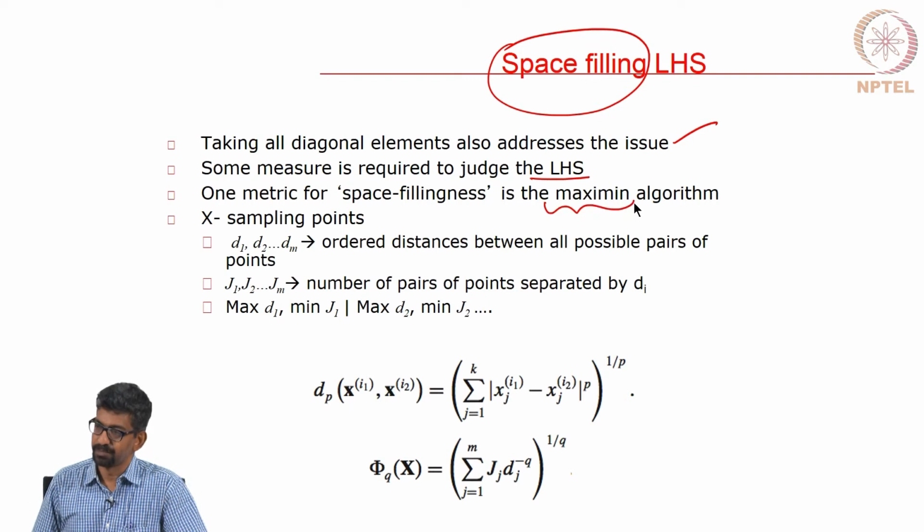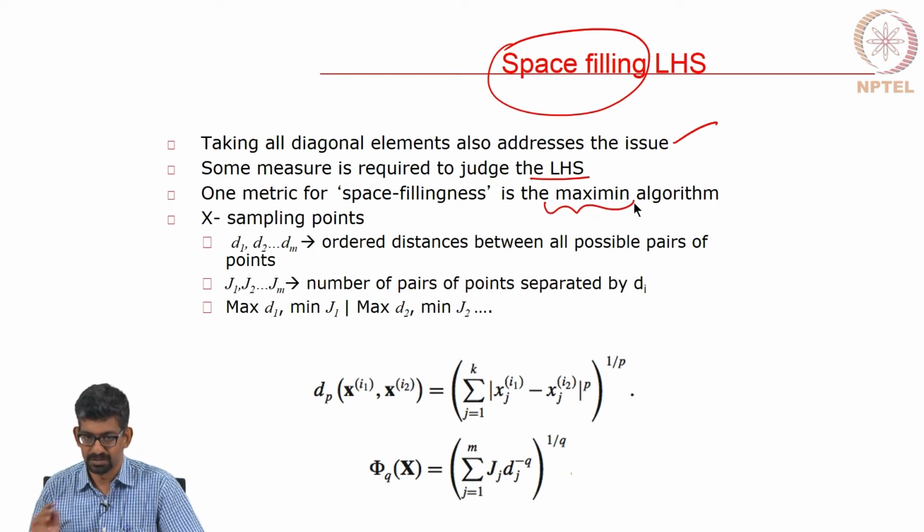A simple thing called a max-min algorithm, it is available in MATLAB. The max-min algorithm is also used in many other places. What it is saying is you maximize some minimization problem. For instance, take error.